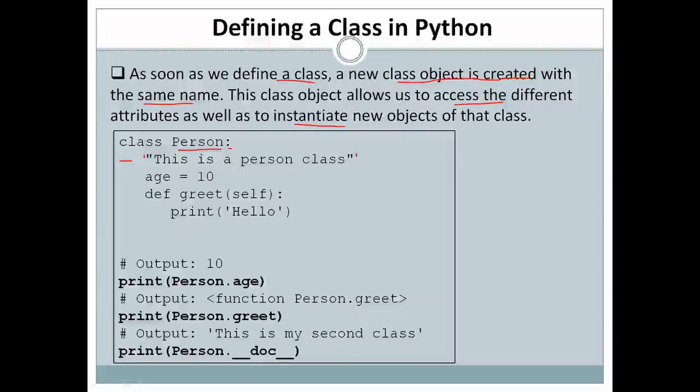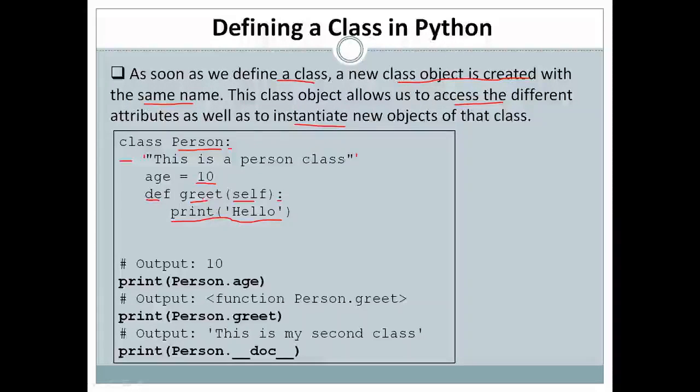Then we have a variable, age equals 10, defined inside the class. And then we have a function, def greet, which takes one argument, self, and there is a colon. We already know the syntax of a function in Python. The same syntax is used, and there is only one statement inside that function: print hello. So our class person includes one variable age and one function, greet.